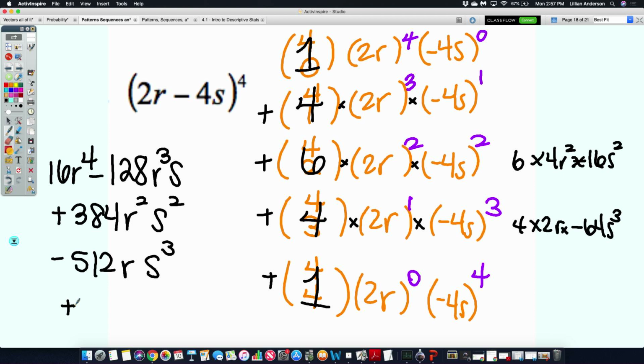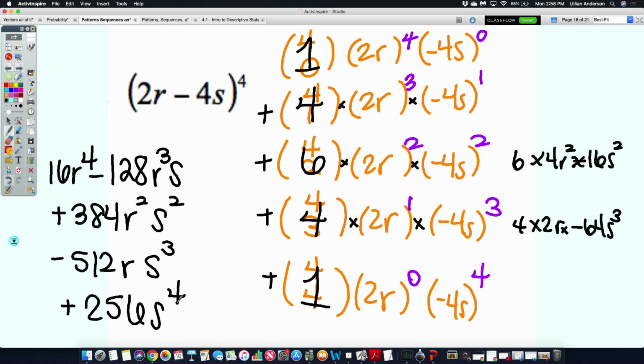What's a negative raised to itself 4 times? 256 s to the fourth, a positive though. If you notice, when there's a negative on the inside, the terms alternate between positive and negative, but all the other rules stay true to themselves. Questions?